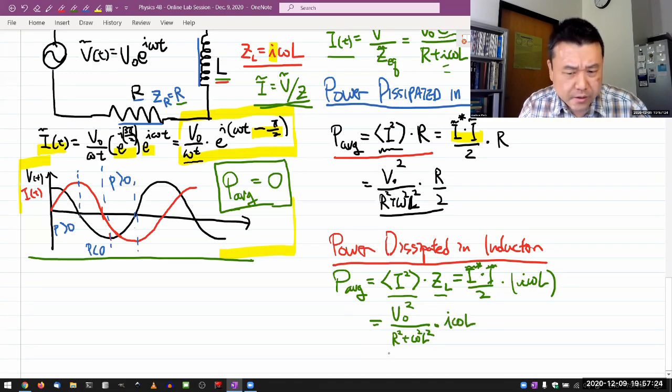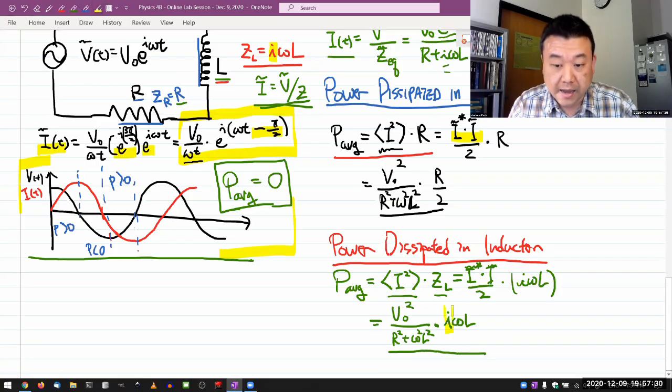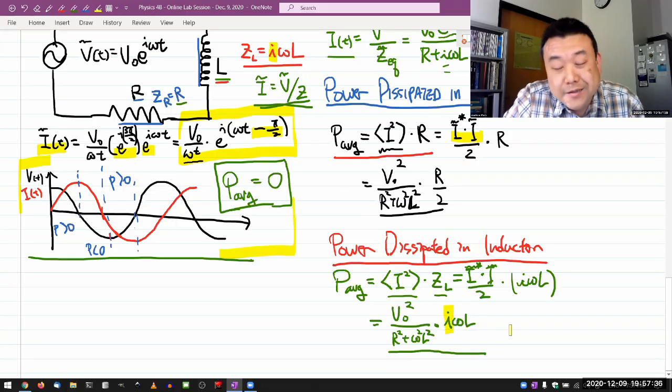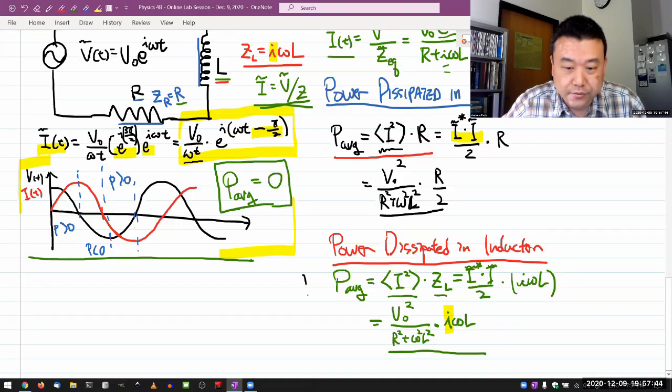And I hope if you ever do this, that you are observant enough to notice this i. And I hope that makes you worry, because power is supposed to be a real quantity. So here you are not supposed to need to do anything like taking the real part.